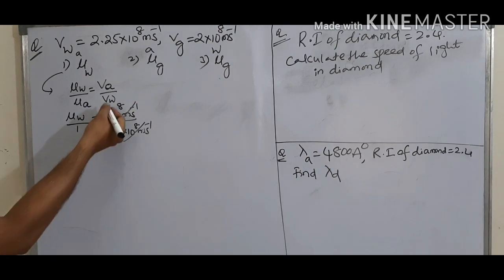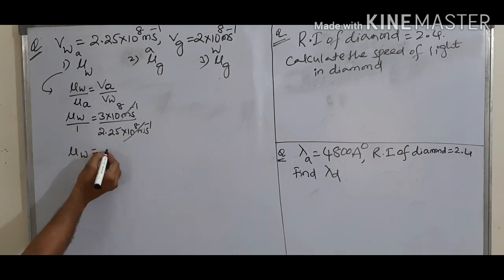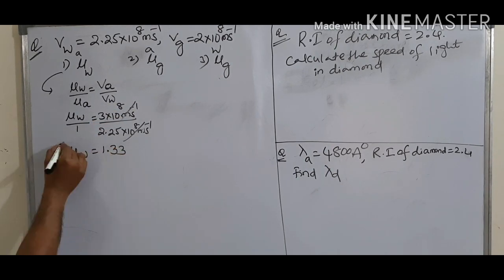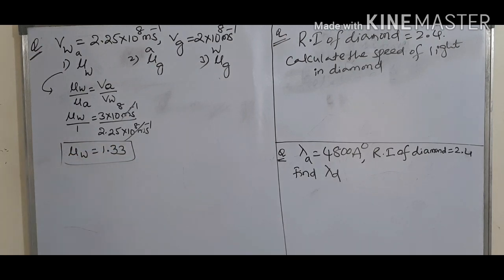The power of 10 gets cancelled, as we have calculated many times. This value is nearly equal to 1.33. Next, see here.